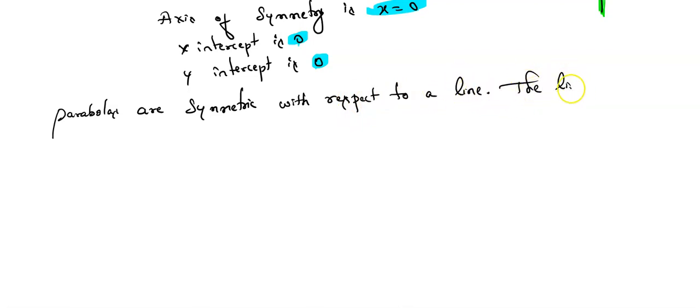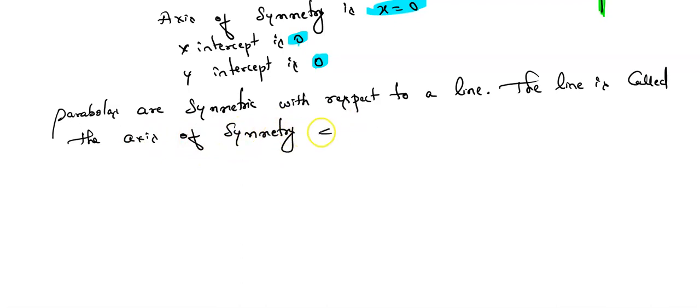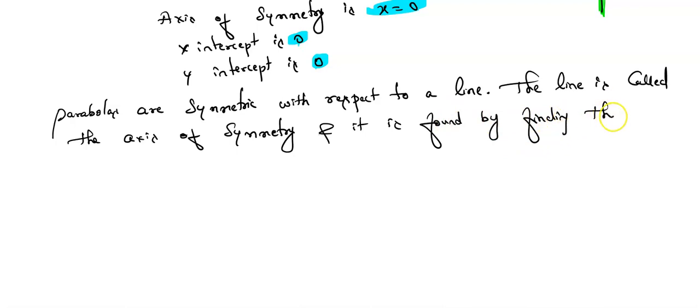So the line is called the axis of symmetry, and it is found by finding the x coordinate of the vertex.